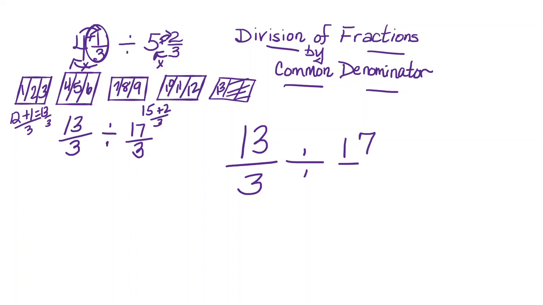And division should be like multiplication because they're related. And just like with multiplication, we're going to go straight across. There's no fancy finding upside downy things, nothing like that. We're going straight across. You're going to love this.